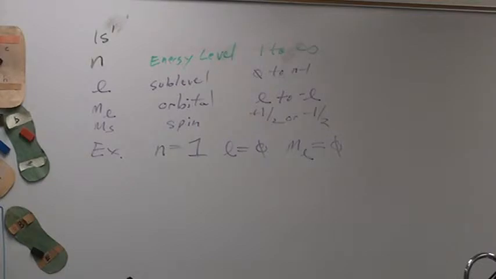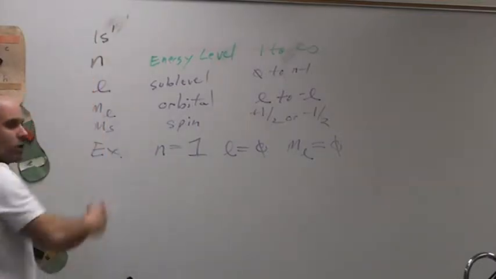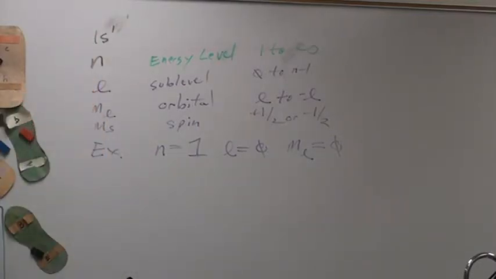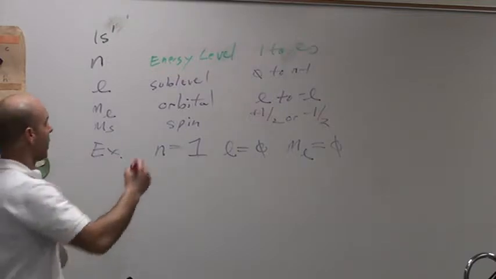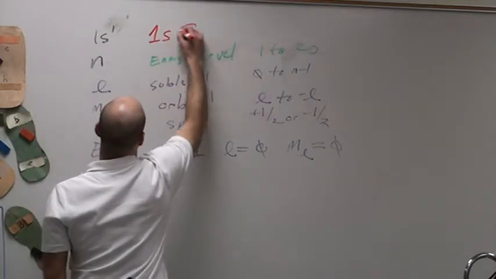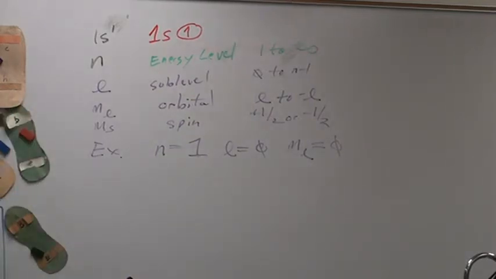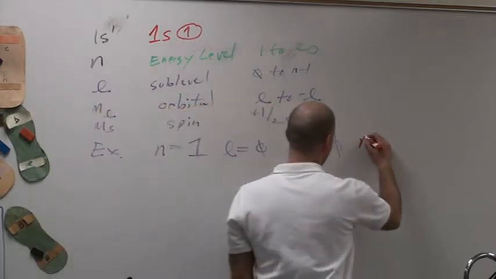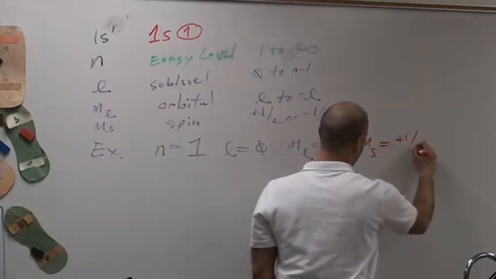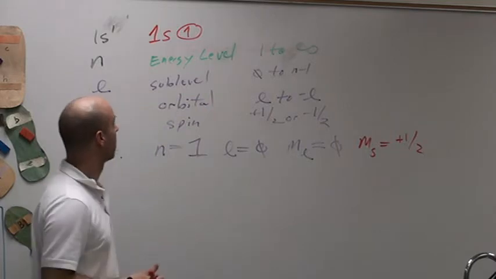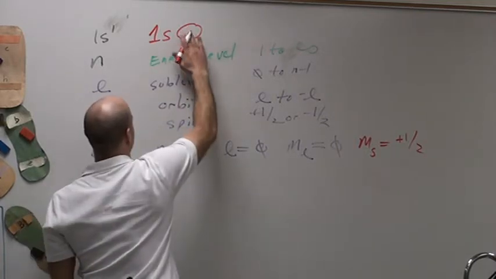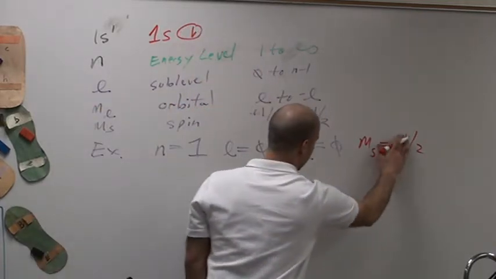So we can't tell the spin from the electron configuration, but we can tell the spin from the orbital diagram. Is my spin up or is my spin down? Up. So generally we say you are +1/2 if you're spin up, and you are -1/2 if you're spin down.